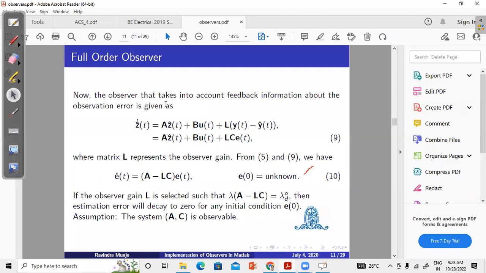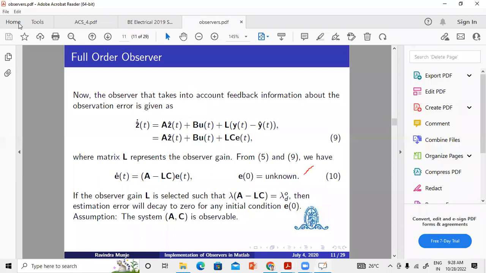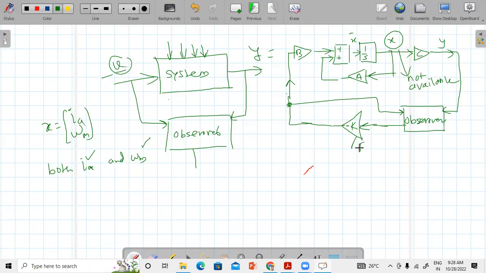Now the observer that takes into account the feedback information. Once the observer is designed, we need to take the feedback. So the observer that takes into account feedback information about the observation error is given. Here we write the feedback gain in our system. Likewise, for the observer, there is L, the observer gain.